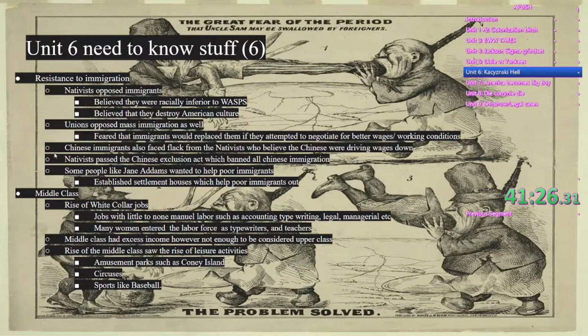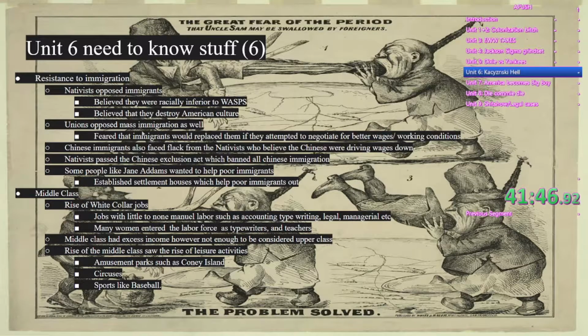Now, nativist resistance to immigration. Again, we can sum this up pretty quickly. Nativists believed foreign immigrants, especially non-white and Catholic immigrants, would destroy white Anglo-Saxon Protestant culture.